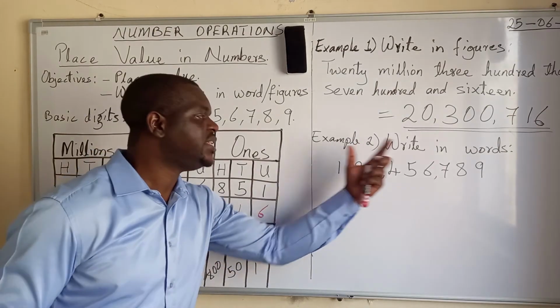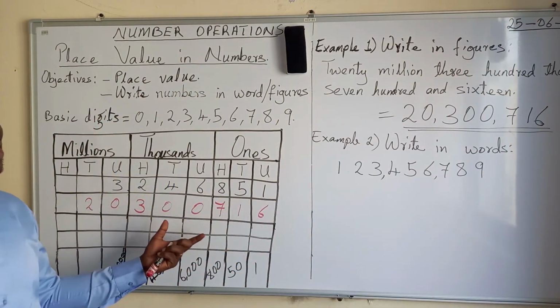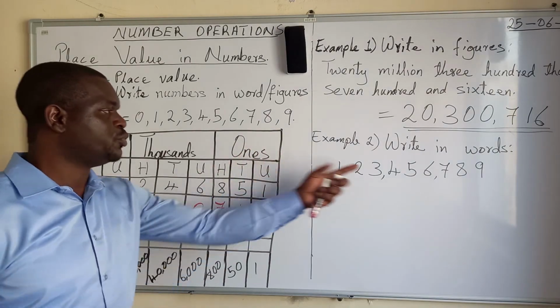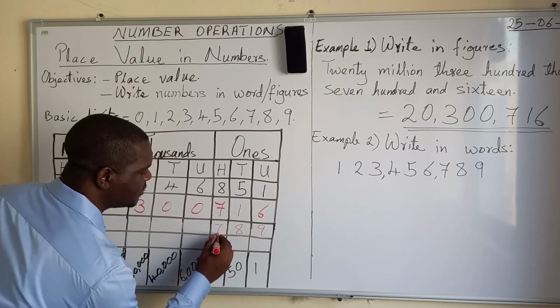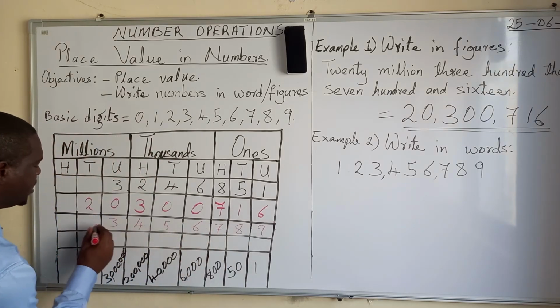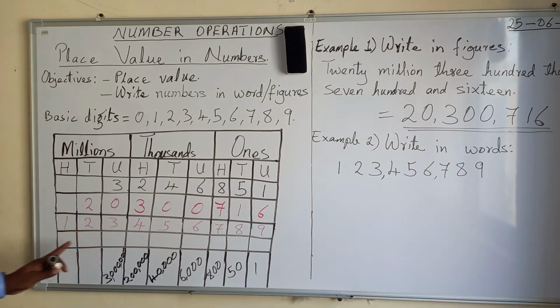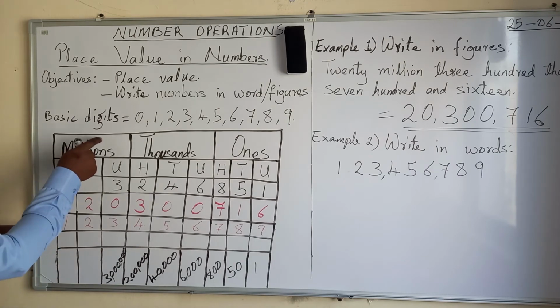How do I read? First, let me fit into the table, and I can use the table to read the number. I start filling from right to left. 9, 8, 7, 6, 5, 4, 3, 2, 1. This is the number. How do I read it? You start reading from left to right. 1 is under hundreds, under million.